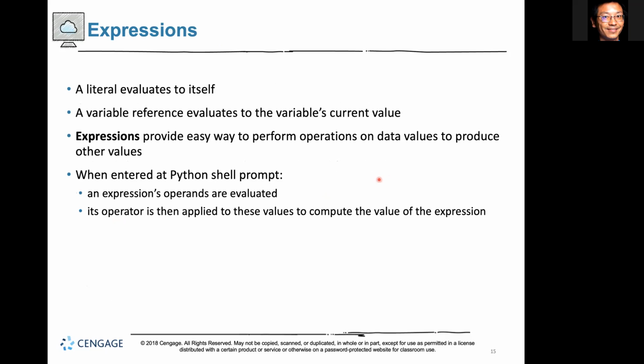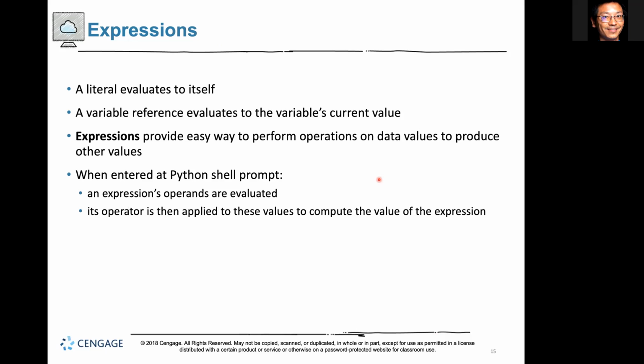And then what are expressions? So a couple of different expressions. First of all, the literal is simple. It evaluates to itself. It is the value, basically. And then a variable reference: if you have a variable reference as part of the expression, that will evaluate to its current value. That's straightforward.